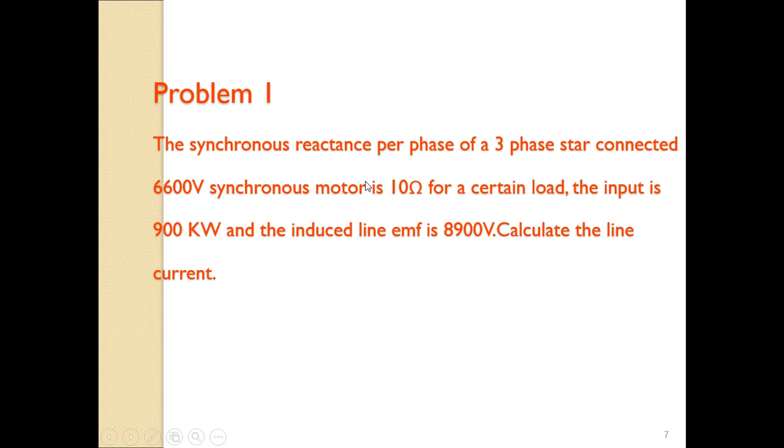The synchronous reactance per phase of a three-phase star connected 6,600 volts synchronous motor is 10 ohms. For a certain load, the input is 900 kilowatts and the line EMF is 8,900 volts.